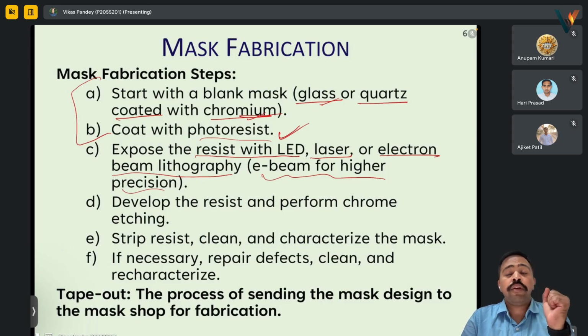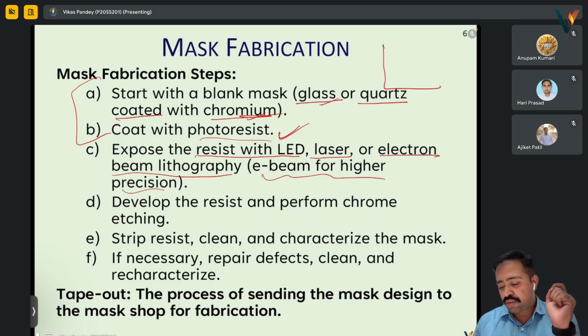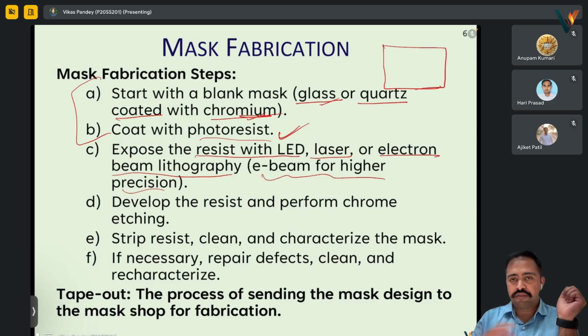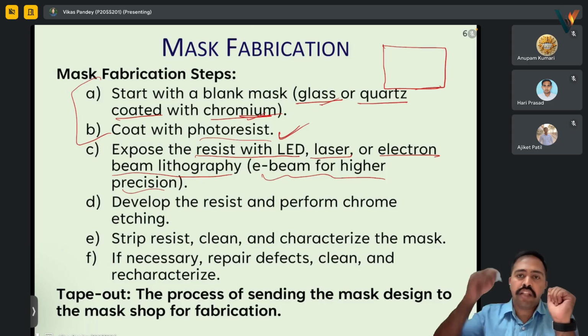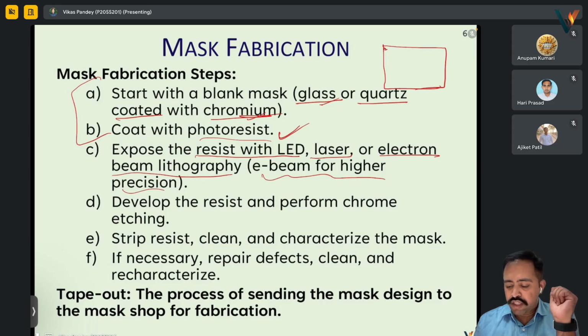Okay, so suppose that we start with this blank sheet which has photoresist coated, and then let's assume we have a laser that is pointed, and it will expose pointwise, like that.